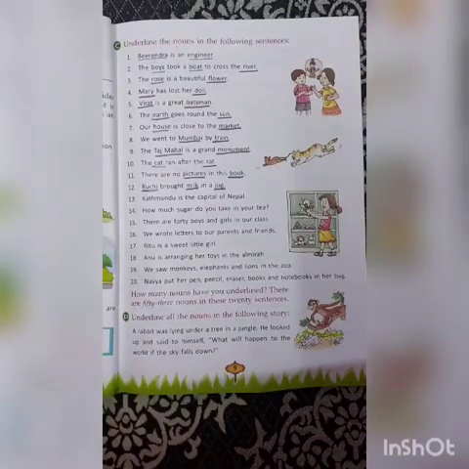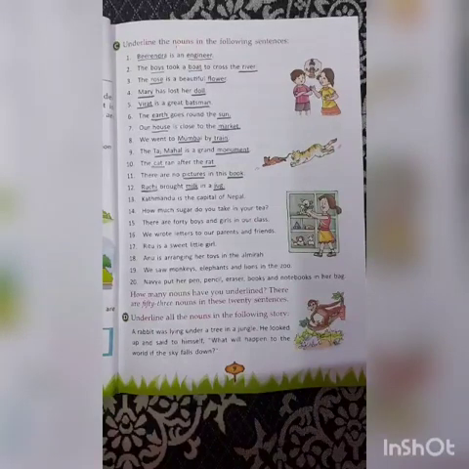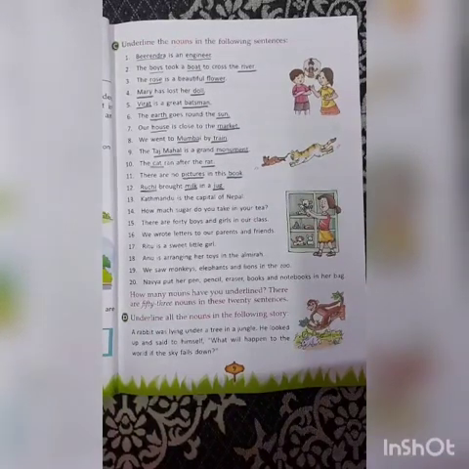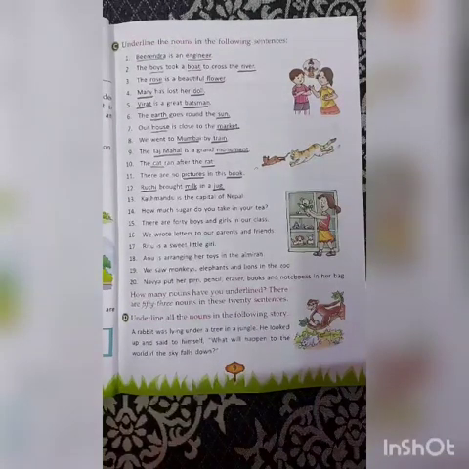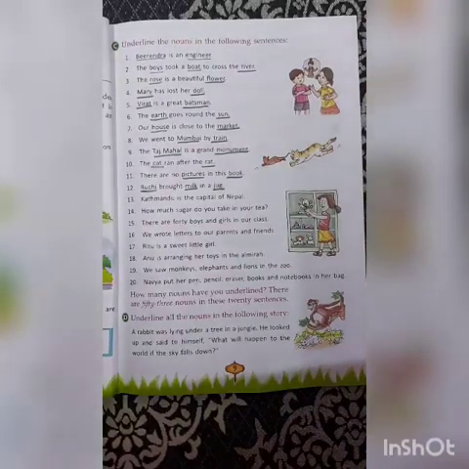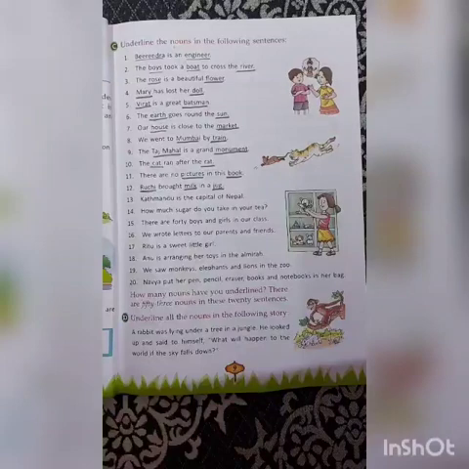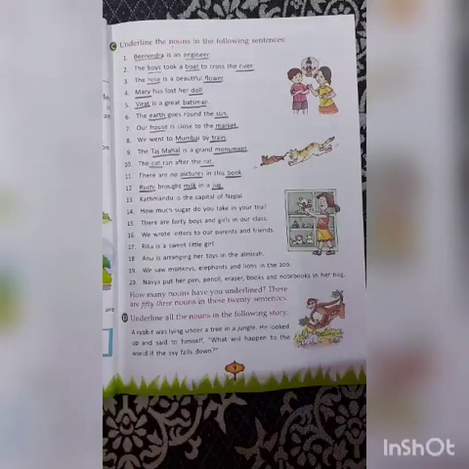So here a story is given and you have to underline all the nouns which are present in it. So I'll read some part of the story for you. The rest you will read and underline on your own. So here it goes. A rabbit was lying under a tree in a jungle. He looked up and said to himself, "What will happen to the world if the sky falls down?"